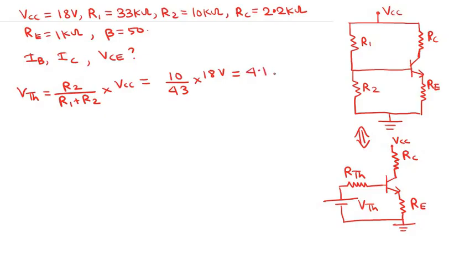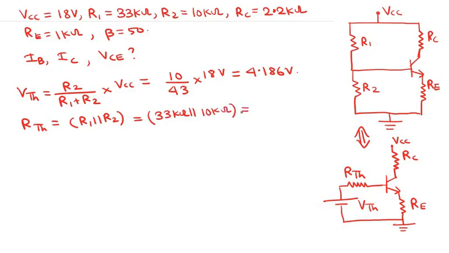Similarly, for RTH we have seen the formula on the previous page. This is equal to R1 parallel to R2, so 33 kilo ohms parallel to 10 kilo ohms, and this is equal to 7.67 kilo ohms. So we have found out the values of VTH and RTH.